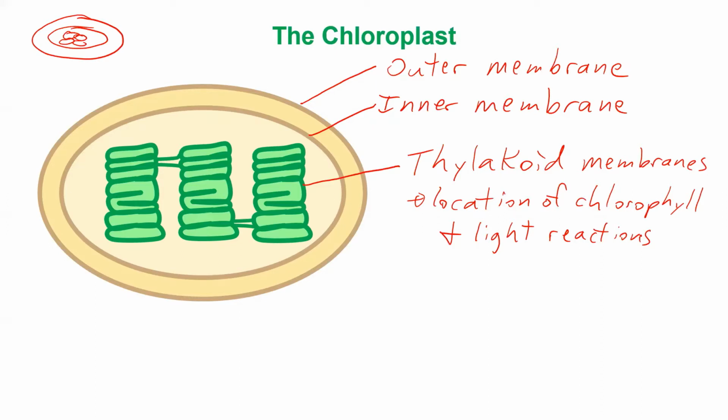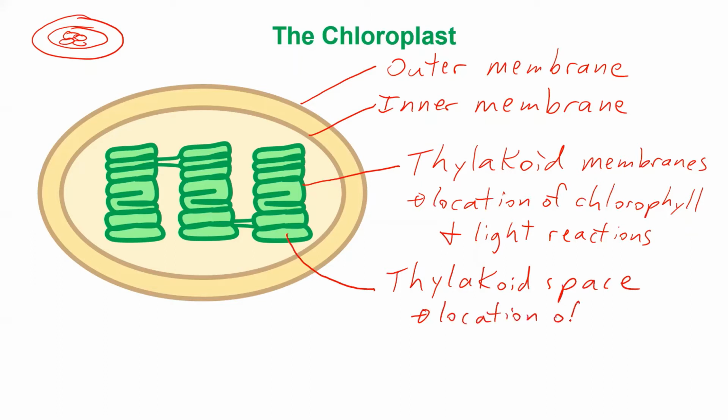So there's a couple other places to label. One is the inner section of these thylakoid membranes, and this is called the thylakoid space. So what goes on in the thylakoid space? This is the location of the proton motive force.